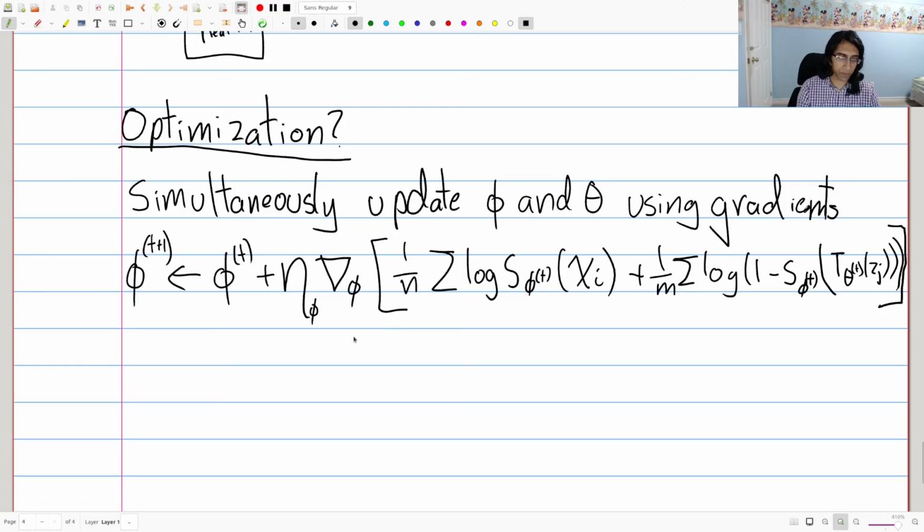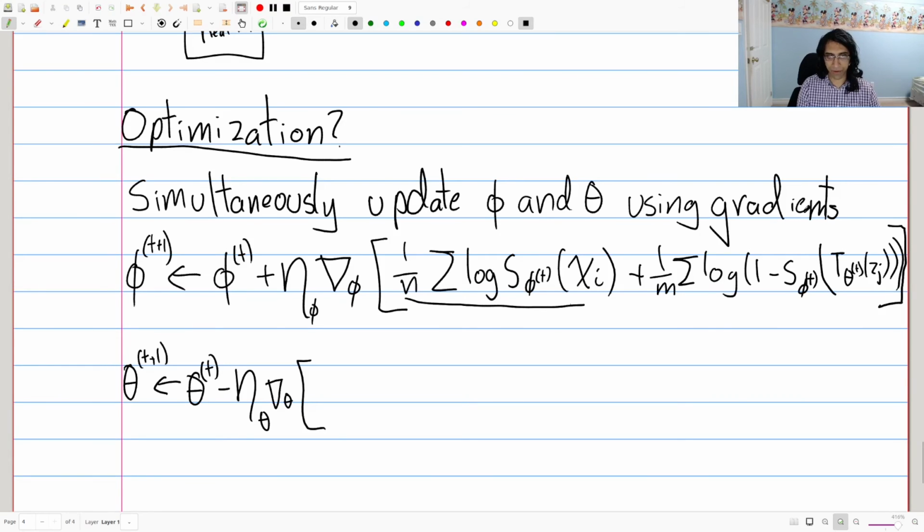And at the same time, what we're going to do is we're going to also update the theta parameter. And we do it kind of at the same time. I'll explain what I mean by that. So I'm going to simplify this by noting the fact that when we're taking the gradient with respect to theta, this former term doesn't have a theta in there anyway.